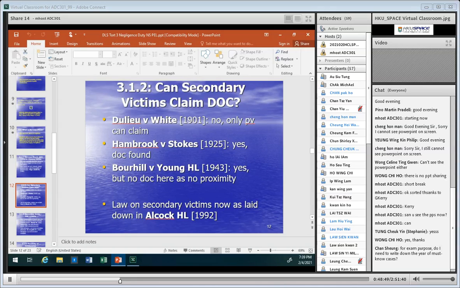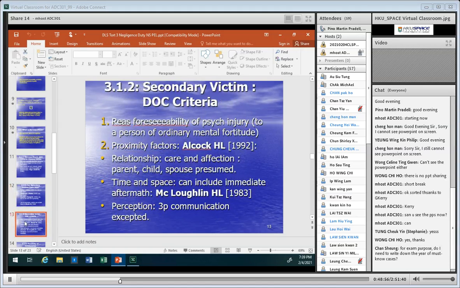Okay, and then secondary victims have to show this extra element of proximity, and Alcock is your must-know case on this. Alcock says that the secondary victim has to prove proximity, and proximity of all of the three factors: relationship, time and space, and perception.